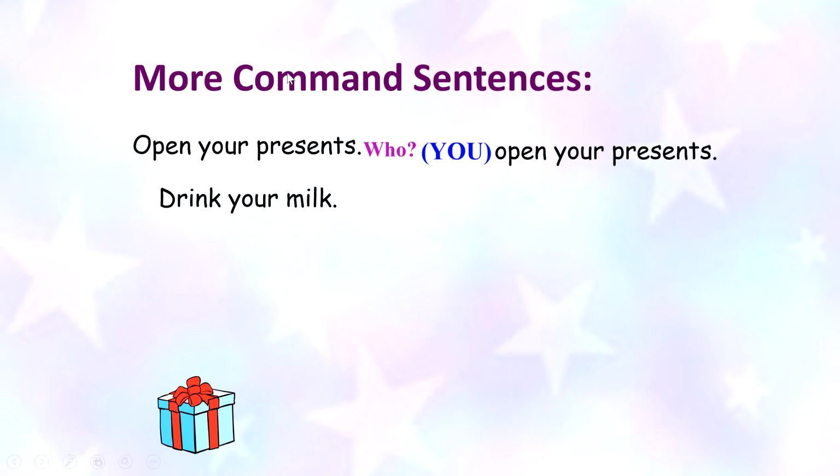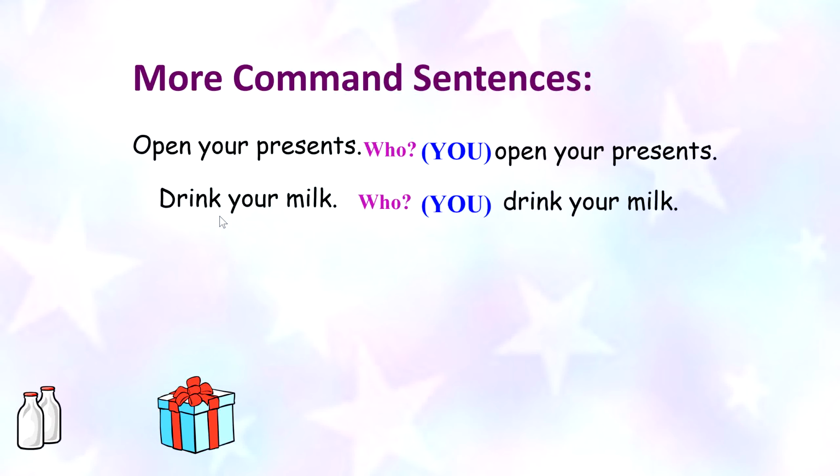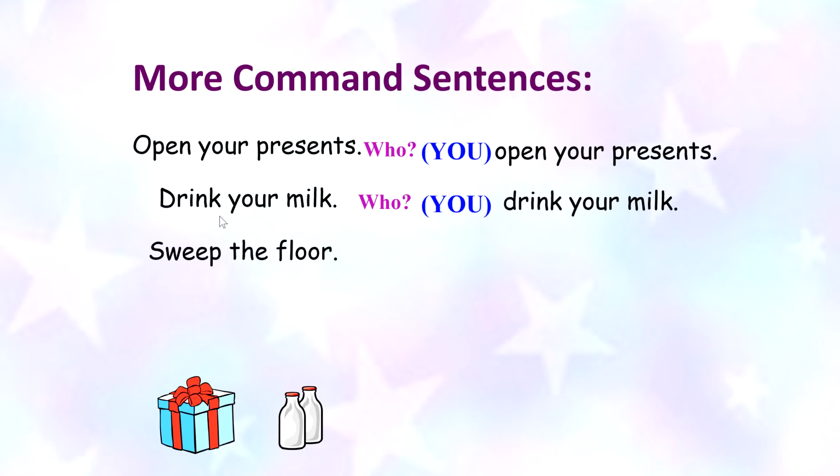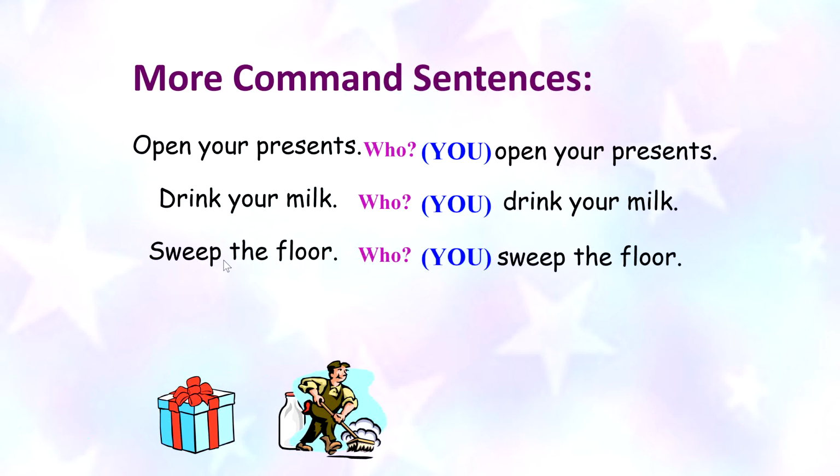Drink your milk. Again, we begin with the action verb, drink. So it's a command. Who should do it? You. Drink your milk. Sweep the floor. Again, the sentence starts with the action verb sweep. Who should do it? You, the listener, should sweep the floor.